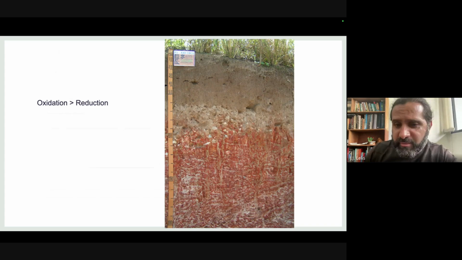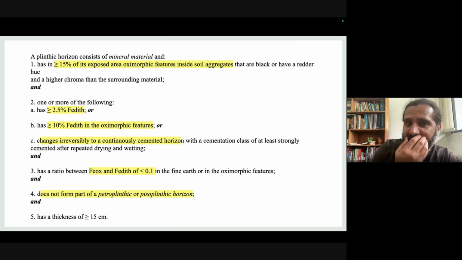So in both cases, especially this one, you can see this reddish color, and it's much redder than the overlying horizons, okay?